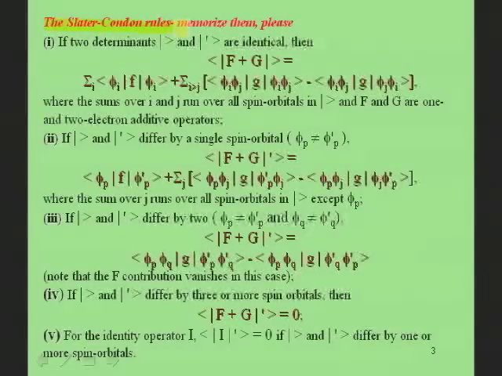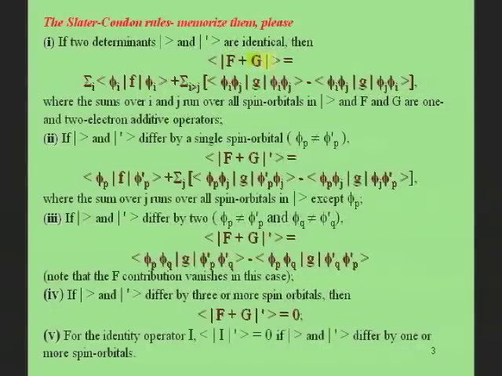This is just a small digression, analogous to atomic units. Suppose you have 2 Slater determinants that are built out of some spin orbitals. For whatever problem you have, this will always be the case. If the 2 determinants, this one and that one, are identical, that's typical if you have a determinant and you want to calculate the expectation value of some operator. Now the operators are always of two kinds.